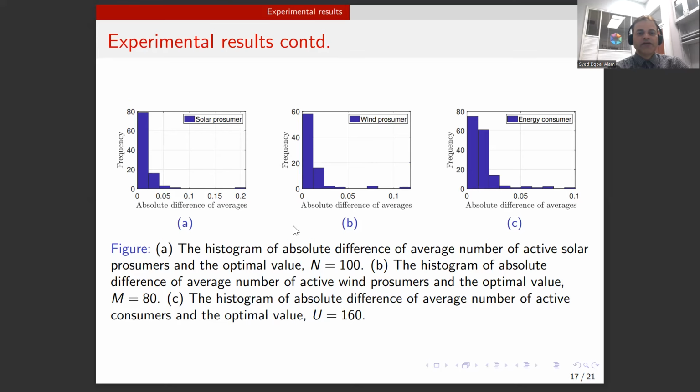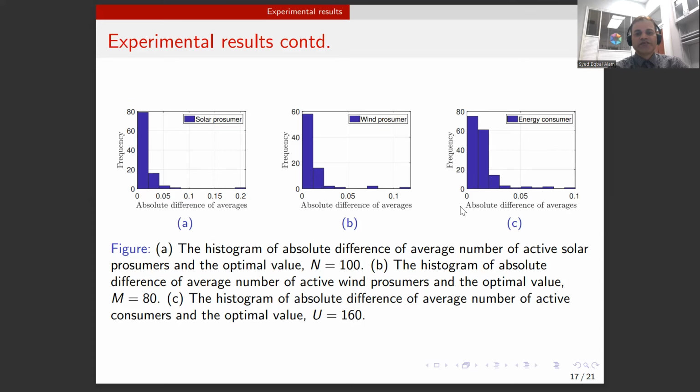We observed that in all these figures, A, B, C, most of the values, the absolute difference of the average number of active solar prosumers and the optimal values, the absolute difference of the average number of active wind prosumers and its optimal value, and the absolute difference of the average number of active consumers and its optimal values, lie below 0.05.